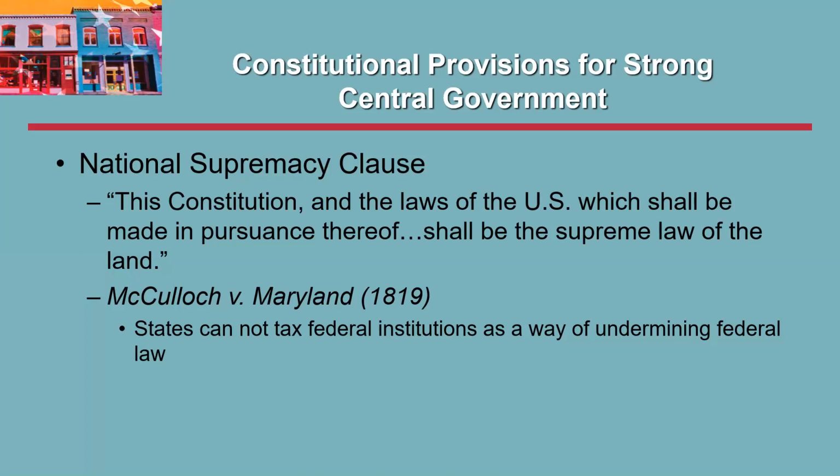So they tried to tax the national bank. In the case that ensued, Chief Justice John Marshall argued that Maryland's tax conflicted with the federal law creating the federal bank. Because of the National Supremacy Clause, Maryland's law was ruled unconstitutional, establishing that states cannot undermine federal institutions by trying to tax them out of existence.